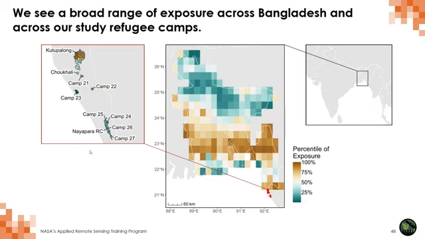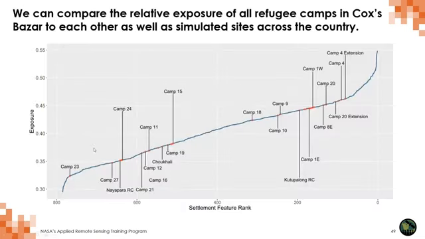And so finally, we have the actual exposure curve that we had included in the CoLab notebook. And this mirrors our spatial findings, where we see that there's a divide between the more northern camps and southern camps in terms of their relative exposure. And some of the camps, for example, Camp 4 or the 4 extension, are really highly exposed relative to other potential areas in the country, as well as the Cox's Bazar complex itself.